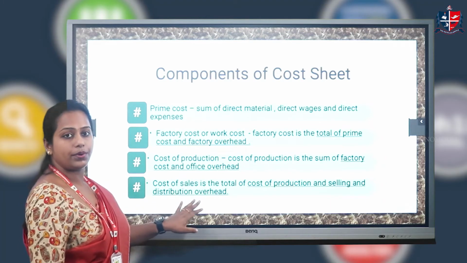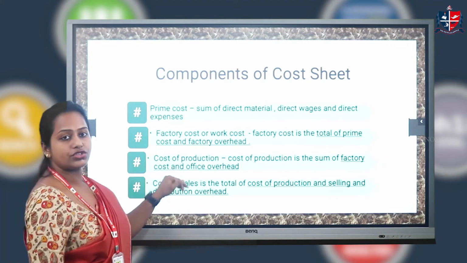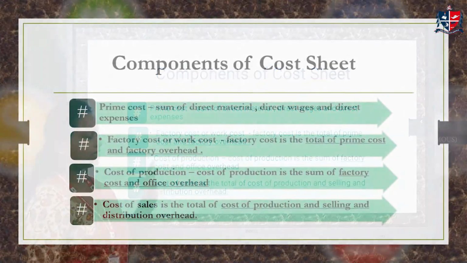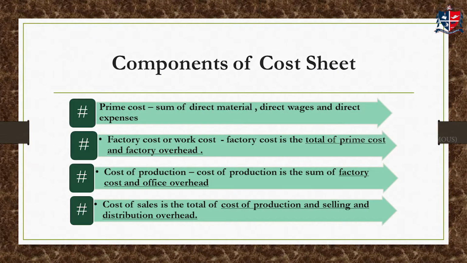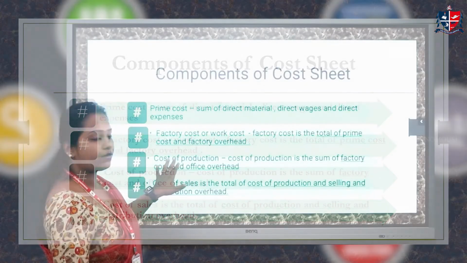Then the last component that we have to include in the cost sheet is the cost of sales. It is the total of cost of production and selling and distribution overhead. The cost of production we have just got.